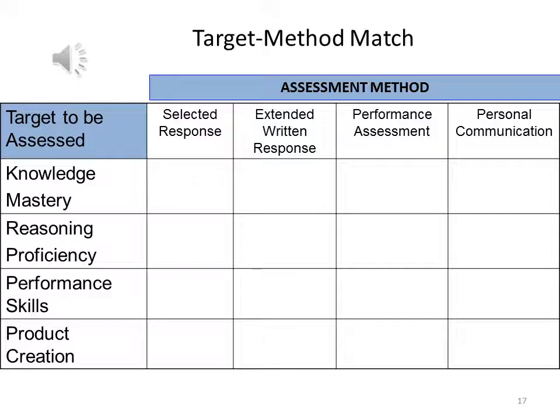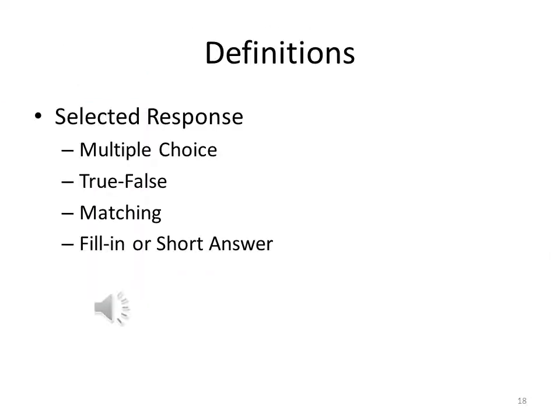To test knowledge, you don't choose all 4 assessment methods, you choose the best. When we're talking selected response, that includes item types such as multiple choice, true/false, matching, fill-in, or short answers.